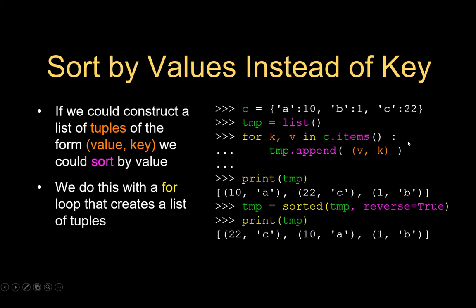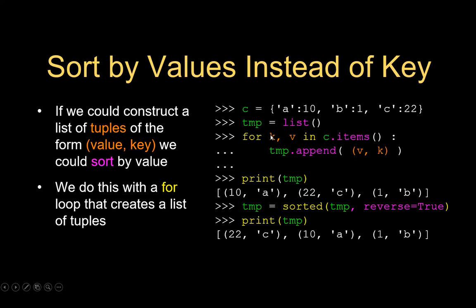So we have a dictionary with key value, key value, key value, and we call it c. We create a list, call it tmp, and for key and value in c.items, which is our dictionary, we're going to append in reverse order.